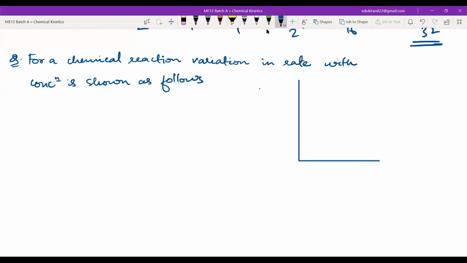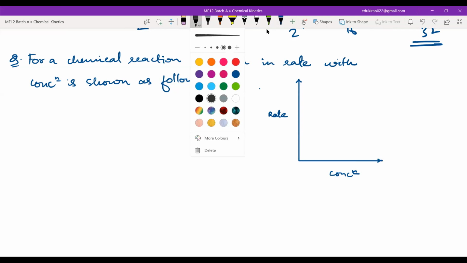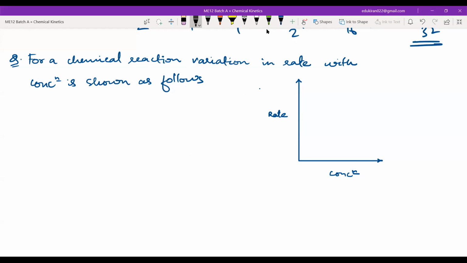In that graph, they have plotted the rate on the y-axis and the concentration on the x-axis, and the plot that they have made is like this. They're asking a few questions. What is the order of reaction?